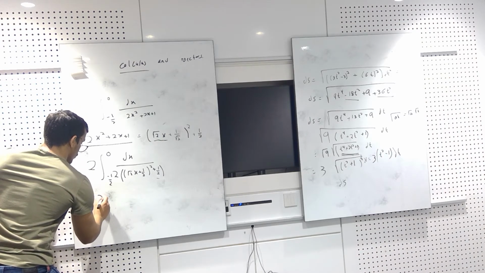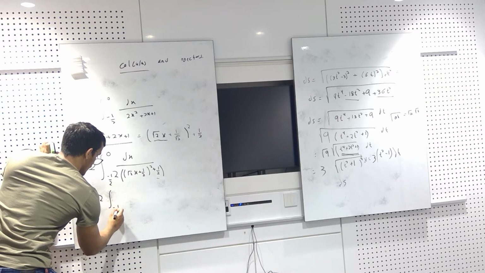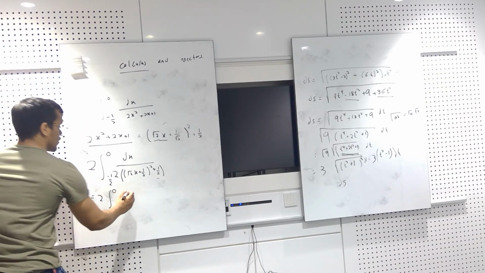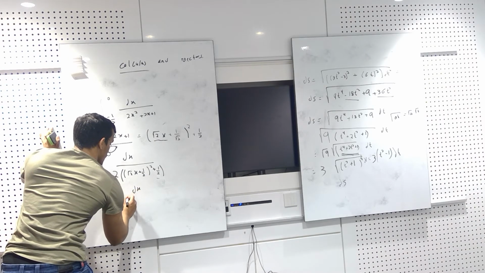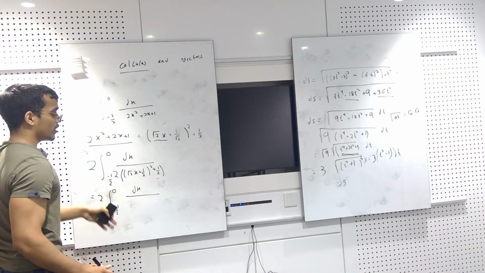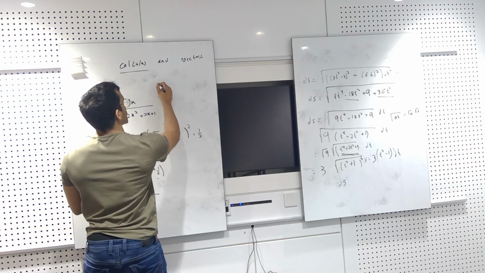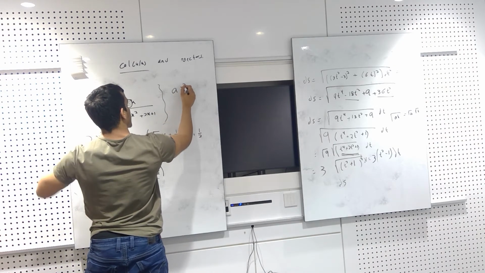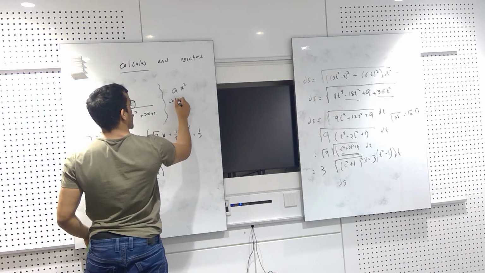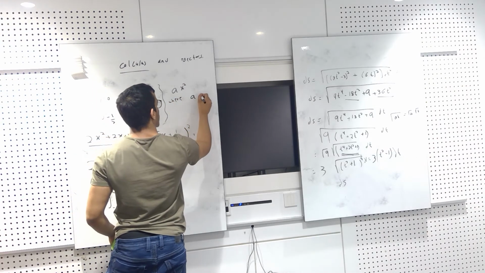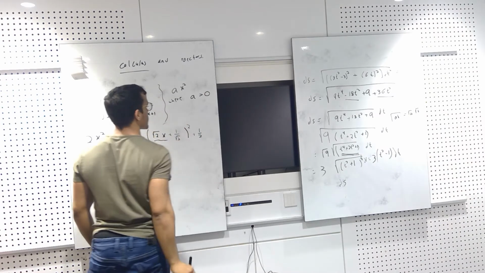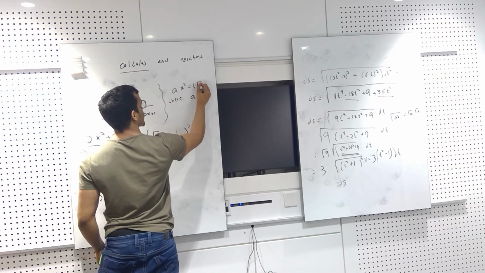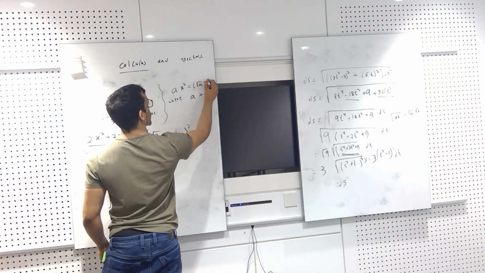So this thing will be equal to the integral from negative 1 half to 0 of dx squared. And here, a side note: if you have a times x squared, where a is a positive number, which means a is greater than 0, you can write this expression as equivalent to the square root of a times x, all squared.